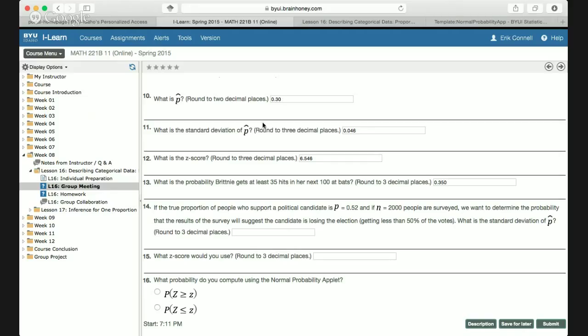And 11 was 0.046. And then 12 was... We're in the middle of 12, and I skipped to 13. Yeah, that's why I was confused. I thought we were going back and checking them because one of the numbers was off.